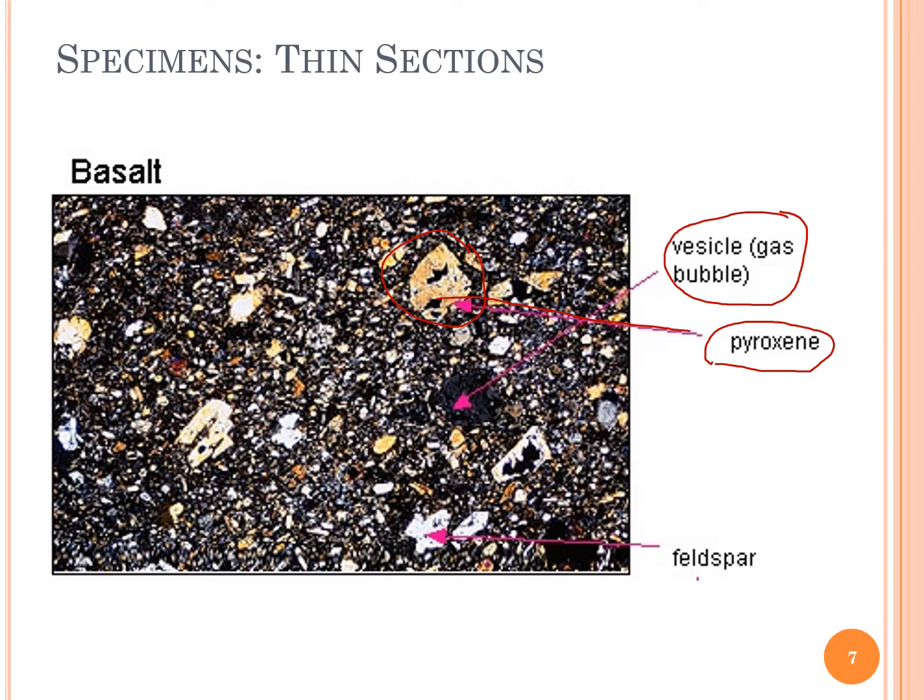And the lighter colored minerals in the slide are mostly feldspars, as pointed out here by the arrow pointing to this angular piece towards the lower right-hand portion of the slide. Basalts oftentimes are quite colorful in thin section because they contain all these different minerals we just discussed.